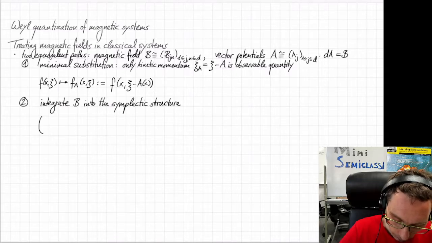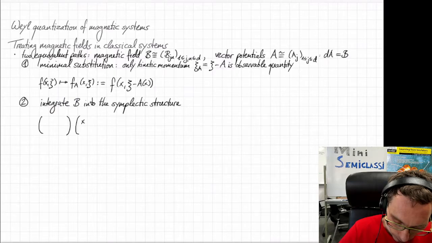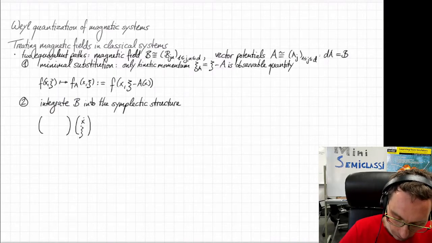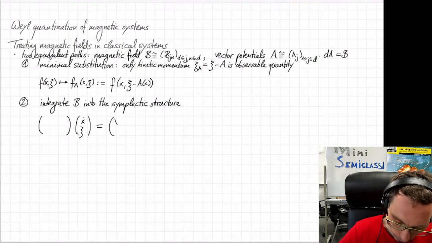So you can write out the symplectic form. You can think of it as a matrix that multiplies the time derivative, and on the right hand side you have the xi gradient and the x gradient of h.